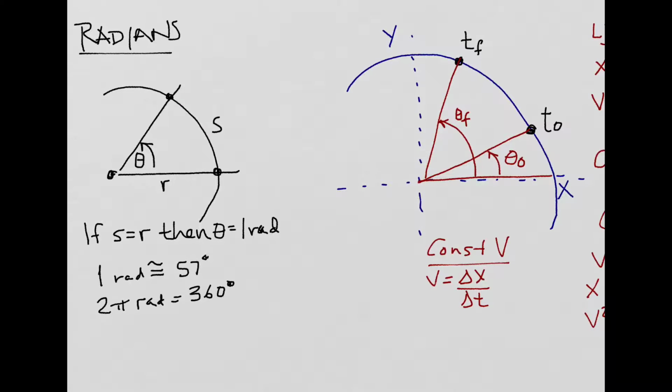If that moves from here to here, it makes an angle theta. The definition of a radian is if the arc length equals the radius, then the angle equals 1 radian. That's about 57 degrees, and you'll want to remember that 2 pi radians equal 360 degrees.